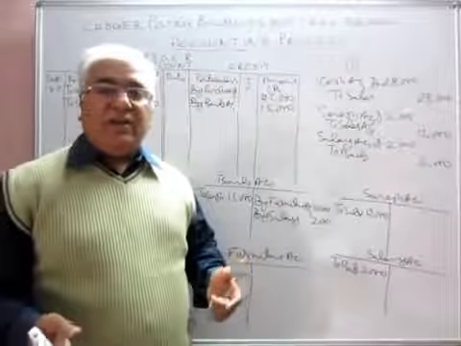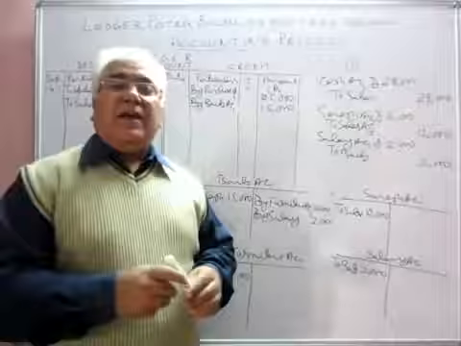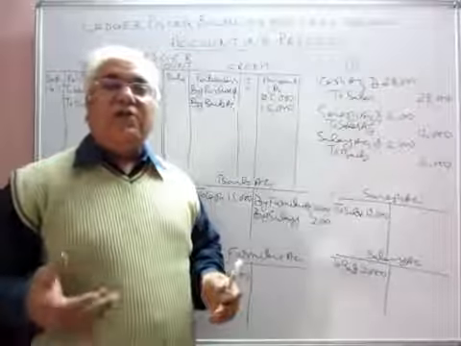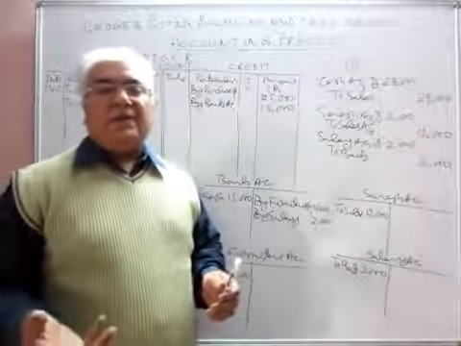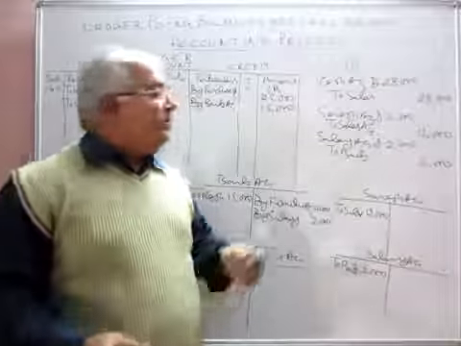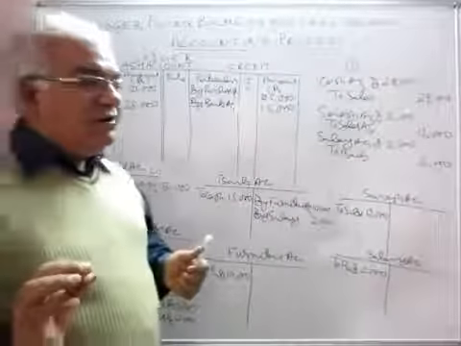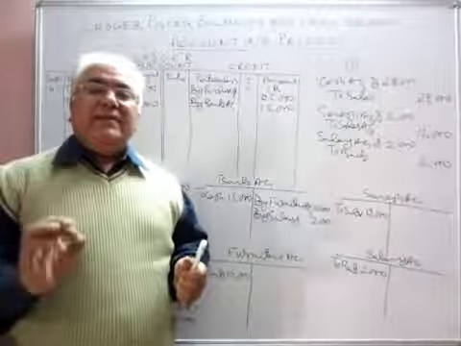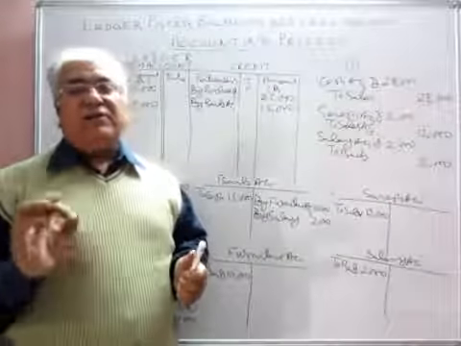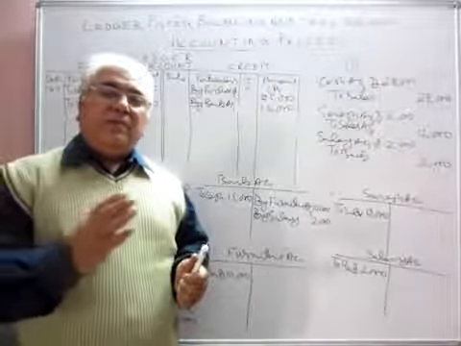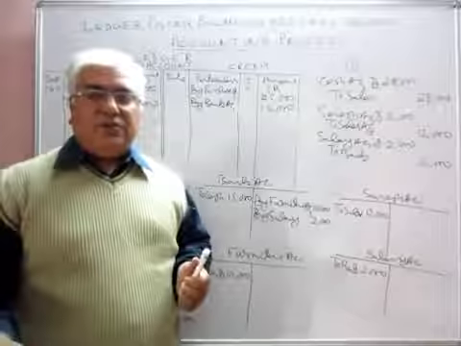Okay, if all these are the entries which have been made, say for a month, then after 1 month you need to check whether you have done everything correctly or not. For that you need to make trial balance, and prior to that you do balancing. And let me tell you very clearly, balancing is always done in case of those accounts where both debit and credit sides are used.